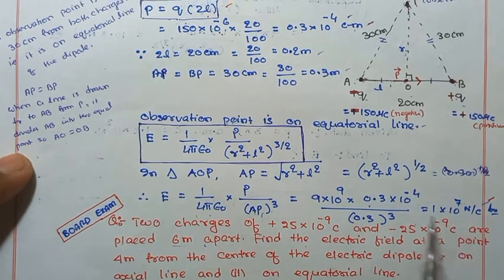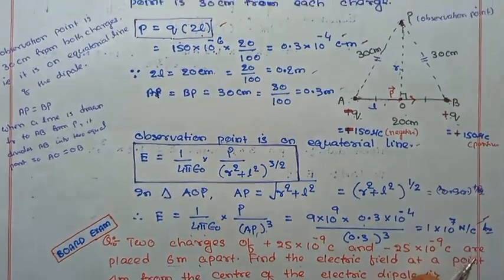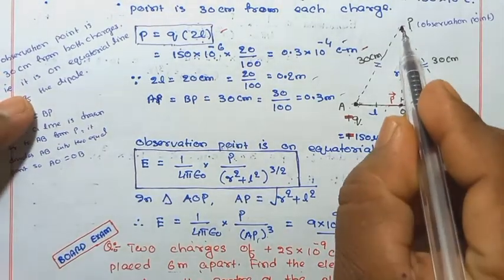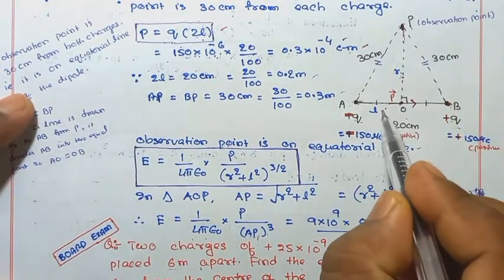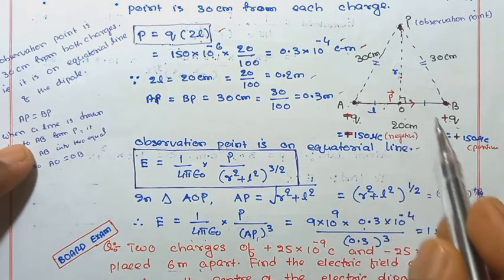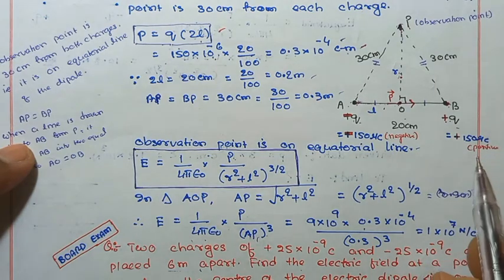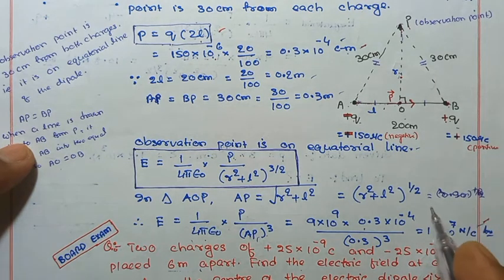Here, this AP is equal to the root of r square plus l square. So AP is equal to (r square plus l square) to the power 1 by 2.